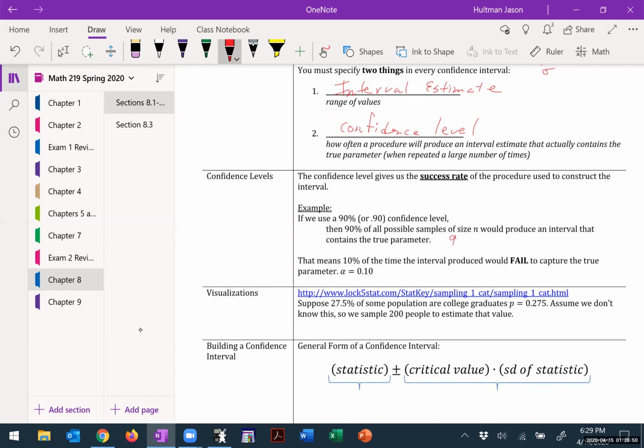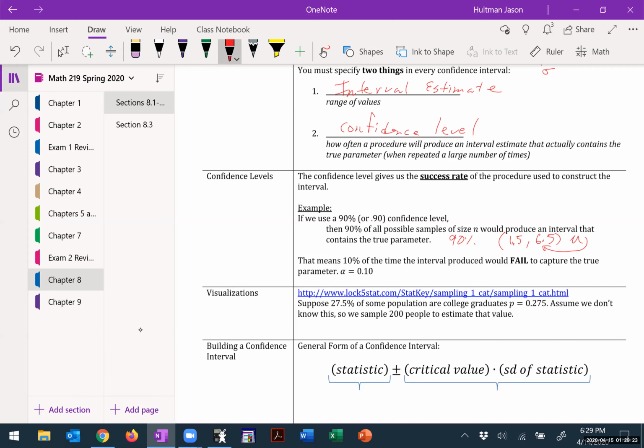So if I do a 90% confidence interval, say the interval was from 1.5 to 6.5, then I am 90% confident that mu, the true parameter, is between those numbers. That means I'm 90% confident that 7 is not going to be the true mean. This gives us a place to guess.